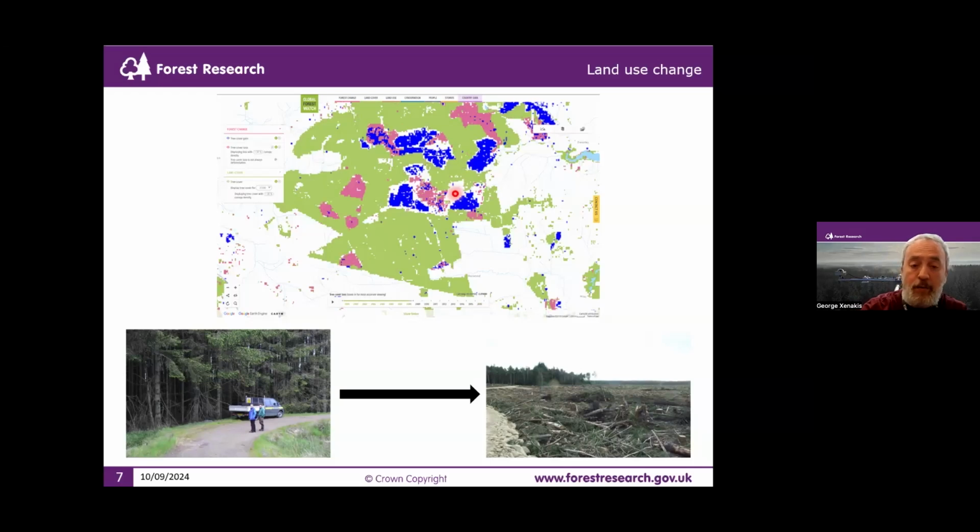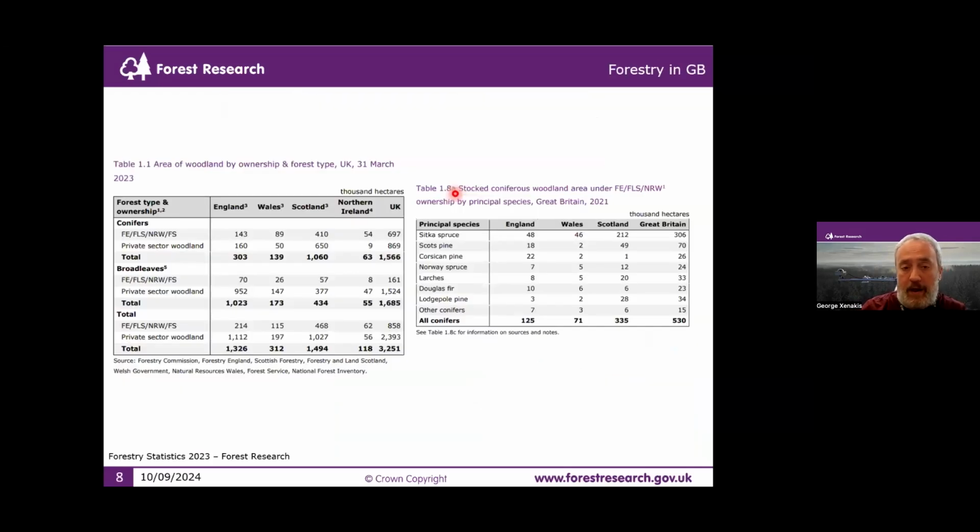So there are two big elements that I'm really keen on exploring with my science. The other thing is that I'm really focusing on conifer plantations at the moment, because, like it or not, most of the forest in the United Kingdom, and Great Britain in particular, is conifers.